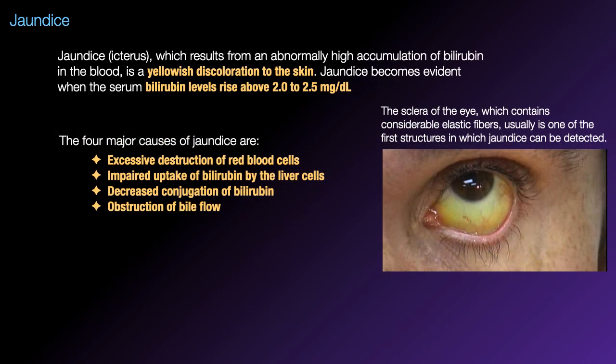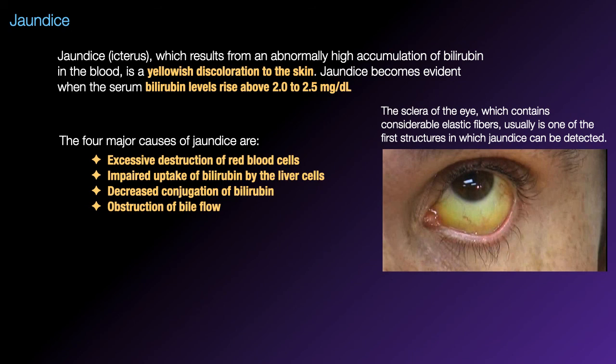As mentioned before, jaundice will develop here. This is the medical term for yellowish discoloration of the skin when the serum bilirubin builds up above 2 to 2.5 milligrams per deciliter.